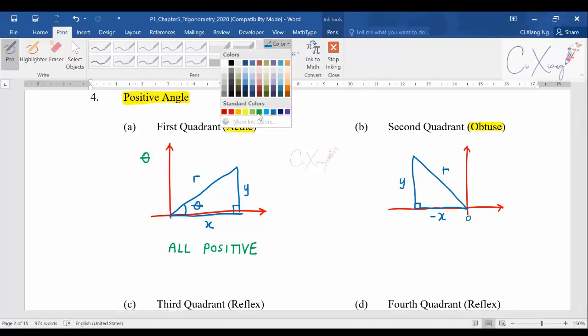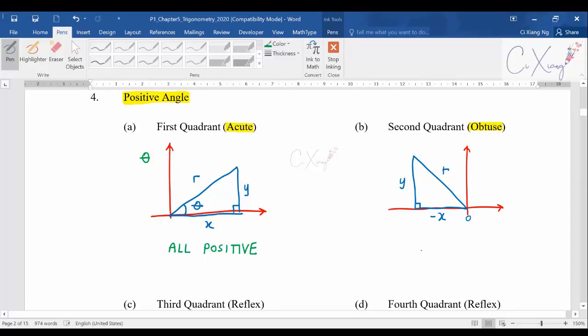For the second quadrant, there's only one trigo that is positive: sine. Only sine is positive. If you have cos or tangent in the second quadrant, the value should be negative. Now for the triangle that we draw here, this is also theta.